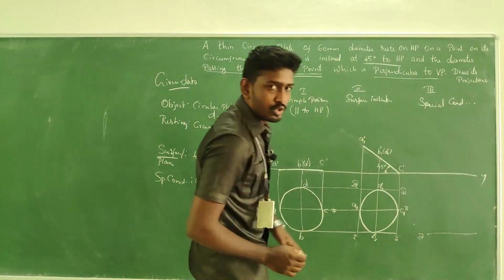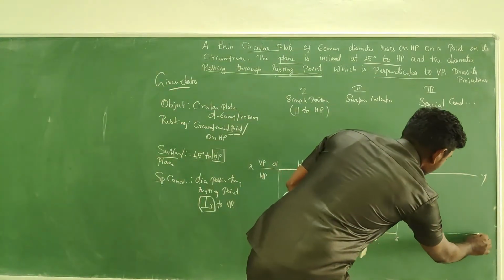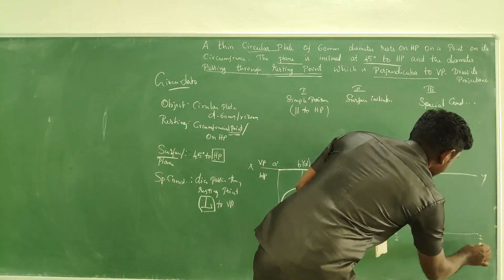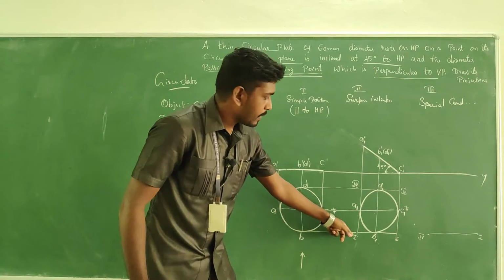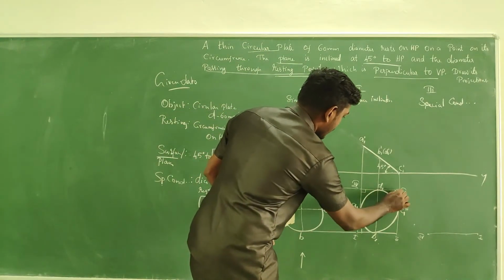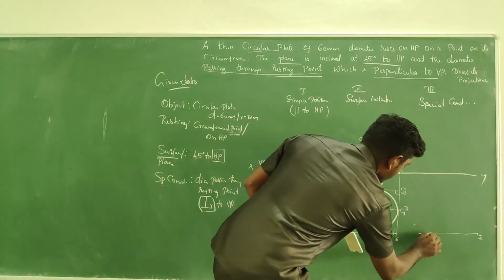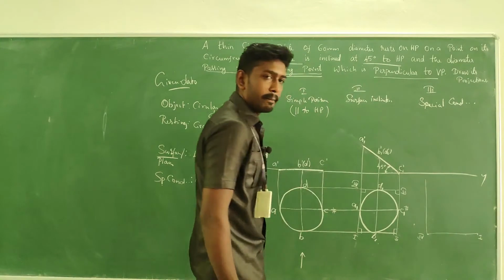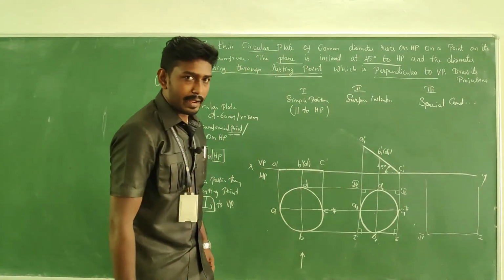Before that, you have to be ready with the horizontal line and take the measurement and transfer it so that you will get the first point, this corner. And if you see, all the adjacent sides of the boundaries are kept 90 degrees to each other. So from the fourth point, draw a 90 degree line, and from the first point draw the 90 degree line.